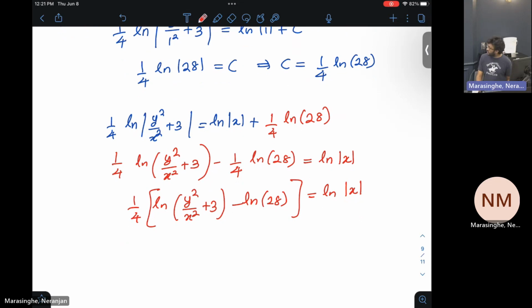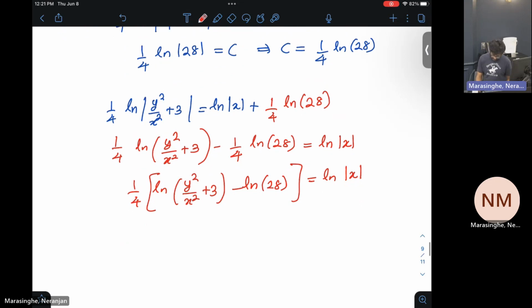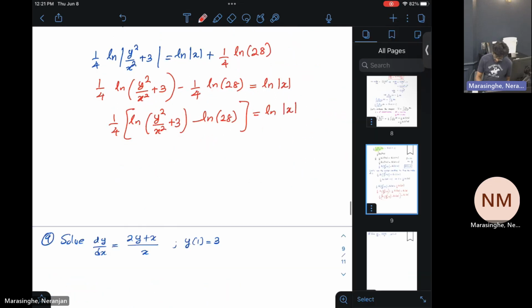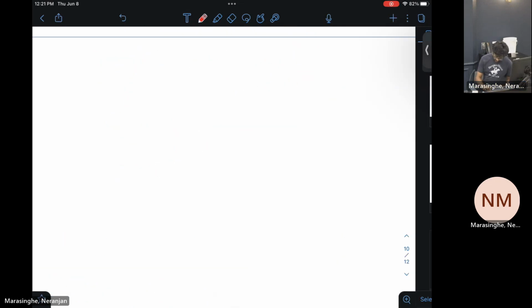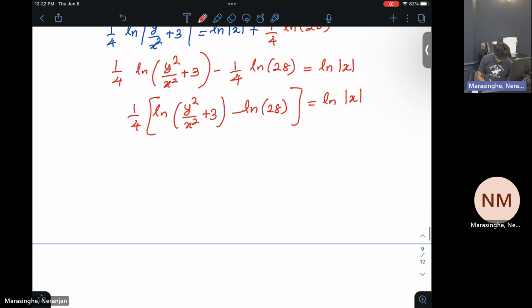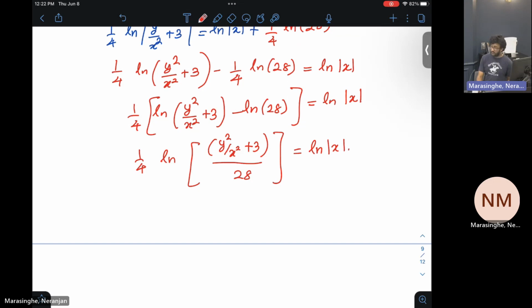Now I am going to use rules of logarithms, right? By the rules of logarithms, I can write this in this form: 1/4 natural logarithm of (y square divided by x square plus 3) divided by 28 is equal to natural logarithm of x. Then I would multiply both sides by 4.